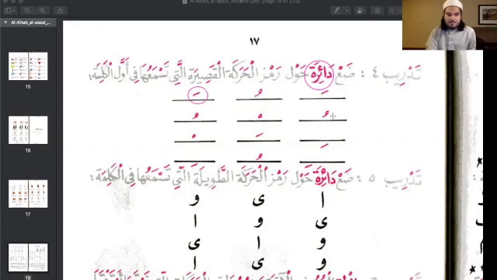ذيل. فتحة. ظرف. فتحة. مثلث. ضمة. أذن. ضمة. محفظة. كسرة.